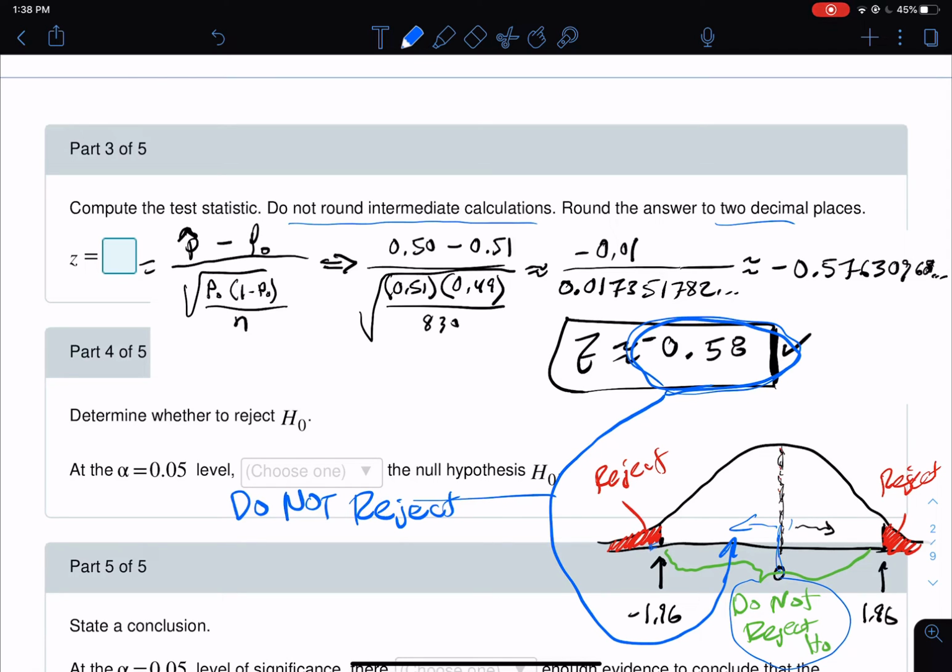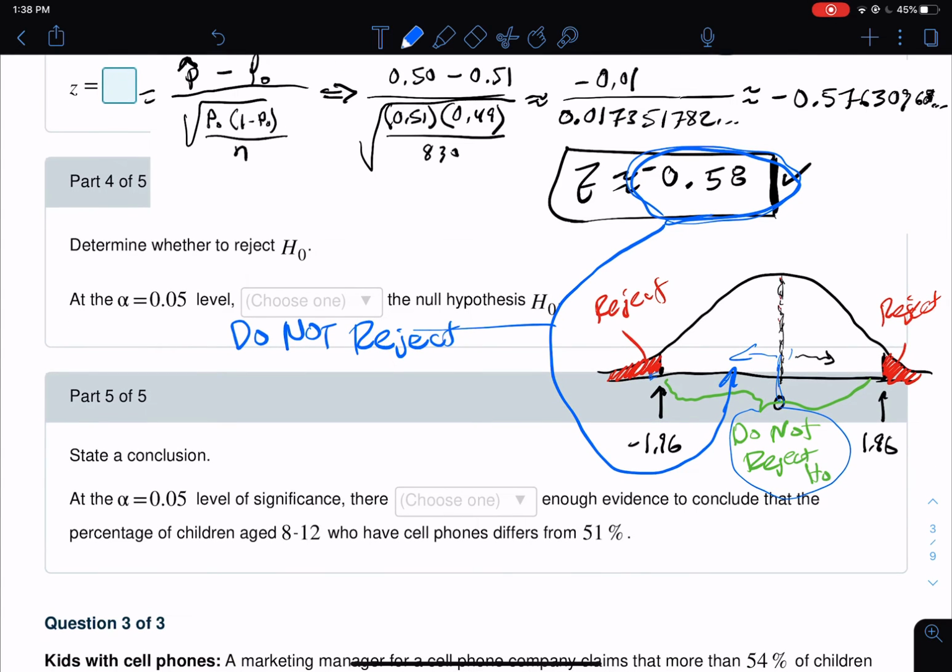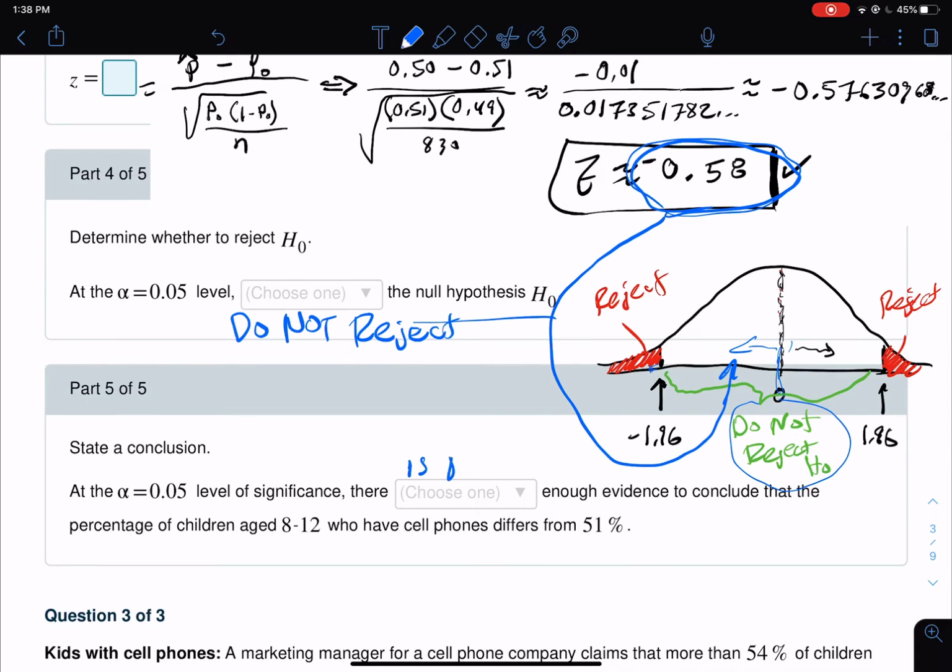Okay. All right. State the conclusion. If you do not reject the null statement, then our conclusion statement is really wishy-washy and wimpy. At the alpha equal to 0.05 level of significance, there is not enough evidence to conclude that the percentage of children age 8 to 12 who have cell phones is different from 51.